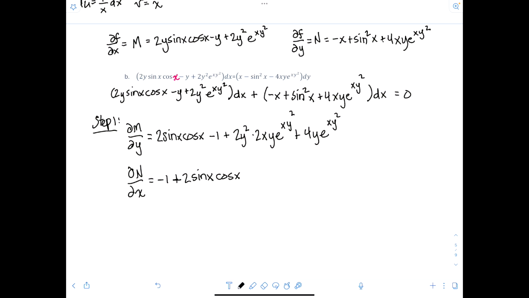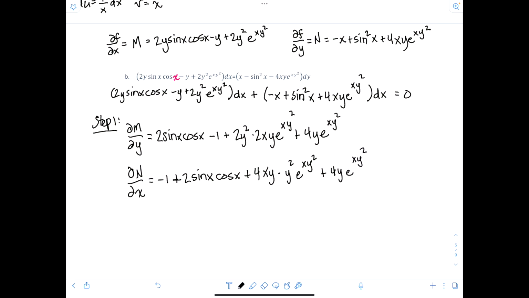And then I'll have to again use that product rule, right? So we're going to have plus 4xy, differentiating e to the xy squared with respect to x. I will have, beautiful, times y squared e to the xy squared. And then differentiating that first term, we'll have 4y times e to the xy squared.